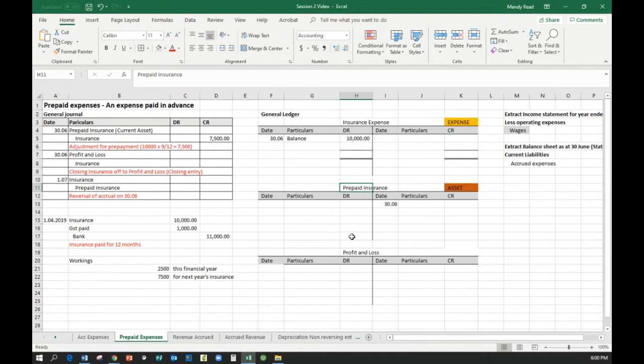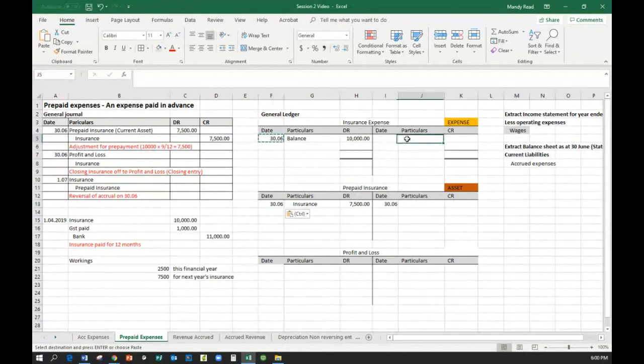The reason why it's an asset is because we haven't yet used the insurance, so we can claim this money back should we need to. So the $7,500 goes into the prepaid insurance as an asset. So we can now post these figures to the actual ledger. So 7,500 goes into prepaid insurance. The name of the account on the other side is insurance. All of this is happening on balance day, which is the last day of the financial year.